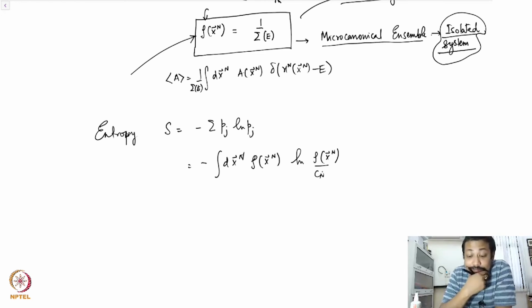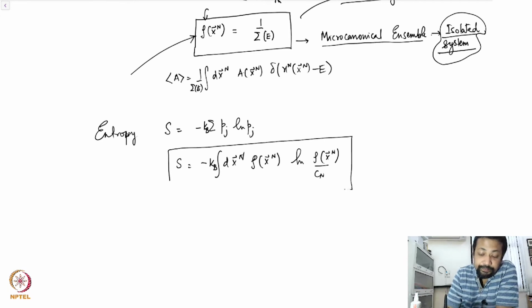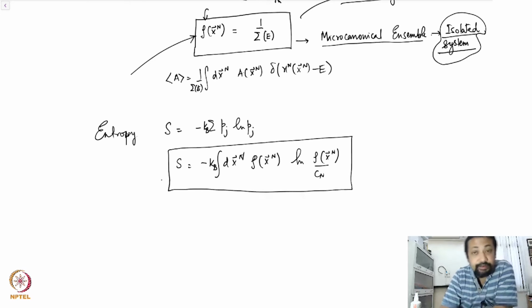But clearly what we are interpreting as entropy does not have the dimension of entropy. So what we introduce is a Boltzmann factor kB.